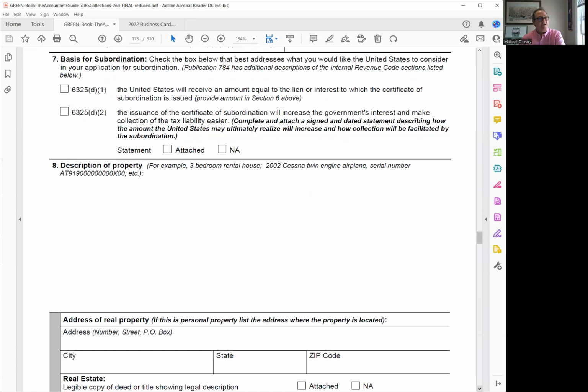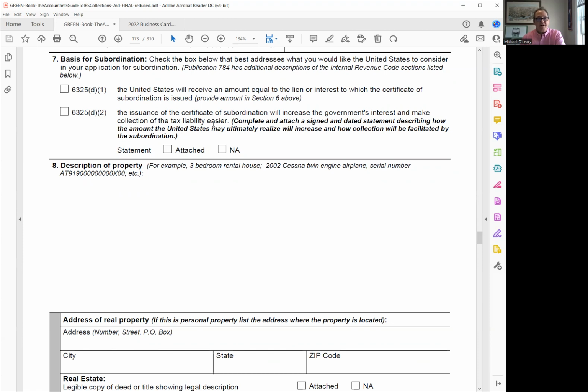Look at Part 7, basis for subordination. Look at number 2. The issuance of the certificate of subordination will increase the government's interest and make collection of the tax liability easier. That's what it's all about.